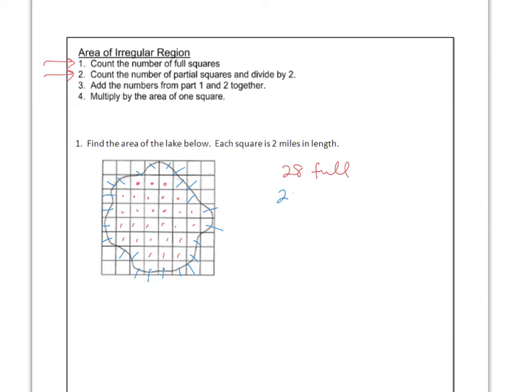I'm going to go with there's 24 partial squares. And then we're supposed to divide that by 2. So divide that by 2 and we get 12. Why don't you take a minute and pause the video and you practice. Count the full squares and count the partial squares and see if you get the same numbers I got.